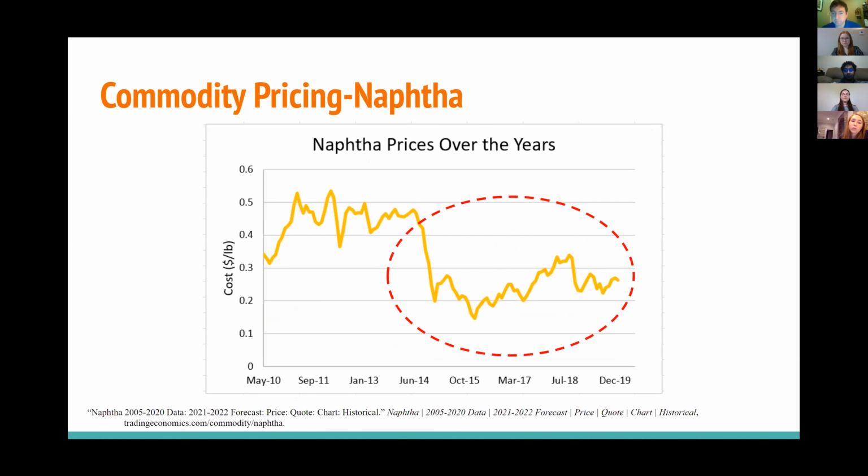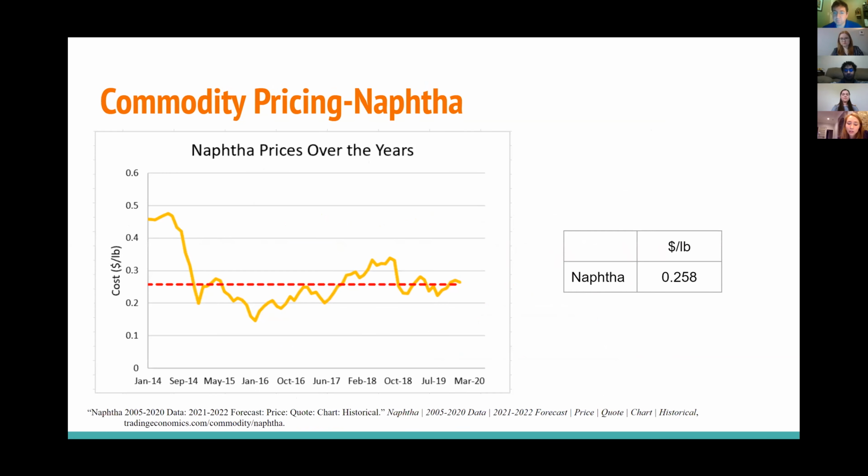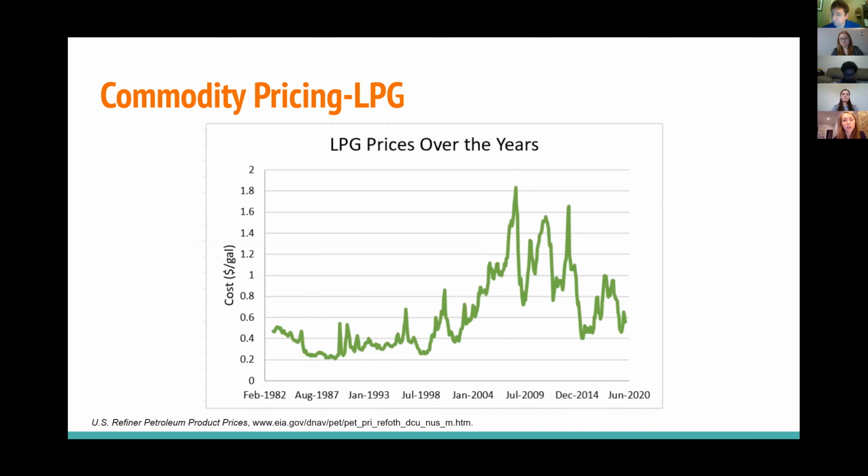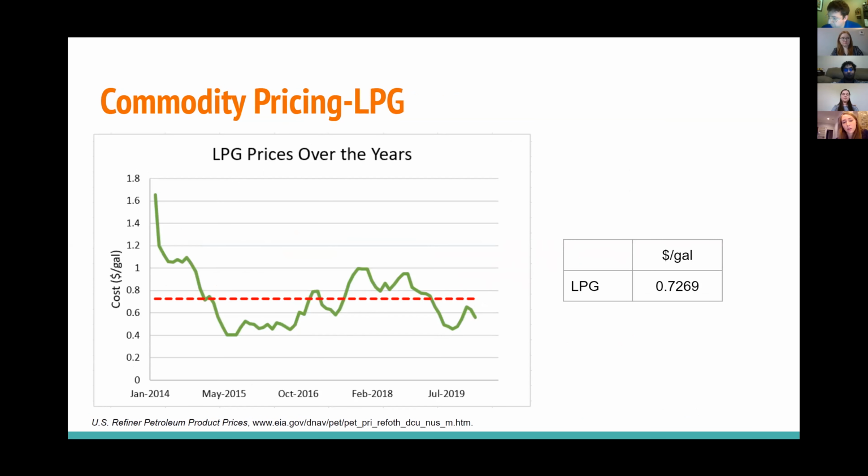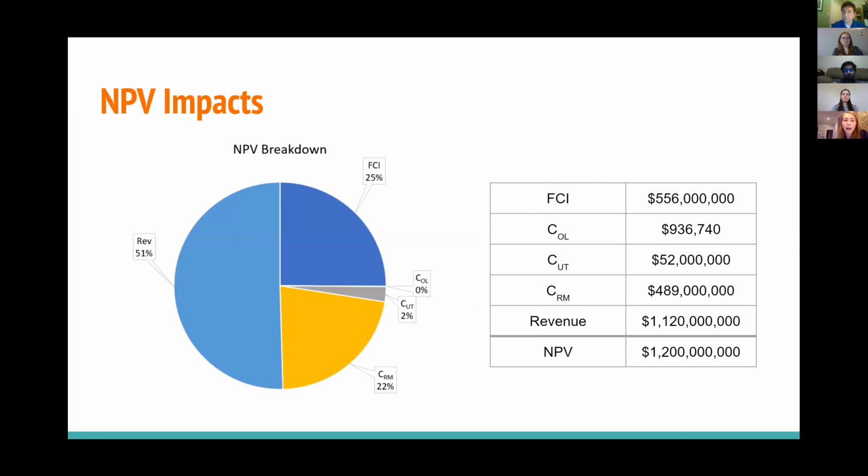We also took the 5-year average, giving us a value of about 26 cents per pound. For our LPG, we once again took the 5-year average, and this resulted in a value of about 73 cents per gallon. For our hydrogen, we costed it out as though we were using a steam methane reformer, and that resulted in a value of about 42 cents per pound.